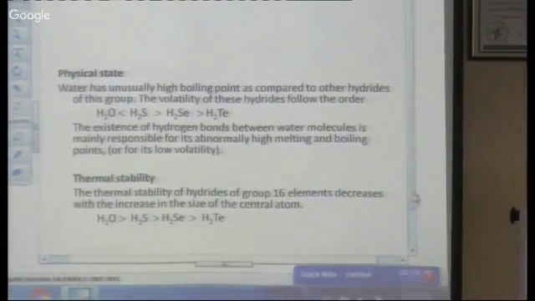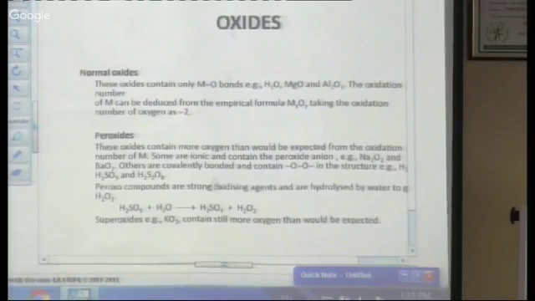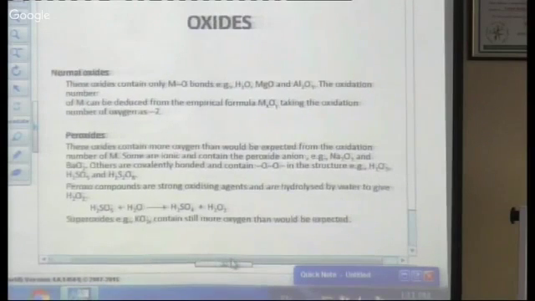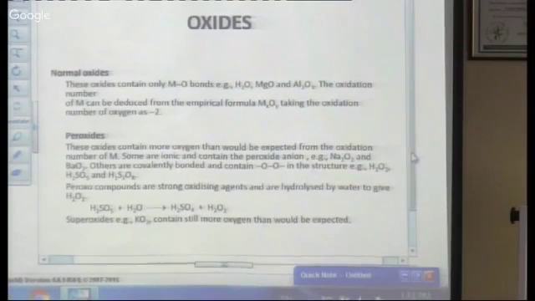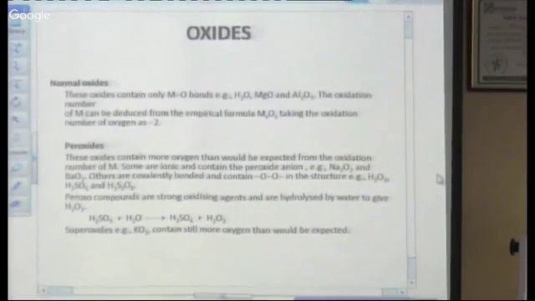We have completed this. Next. Now these are oxides, and oxides are very important. See, sulfur.